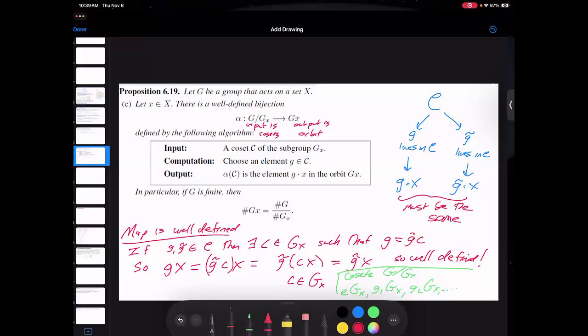And would a coset be given to you, or do you have to determine it? Well, you get the coset by the stabilizer. This is what we did earlier in the semester when we looked at G mod H. Your two cosets are either disjoint or the same.